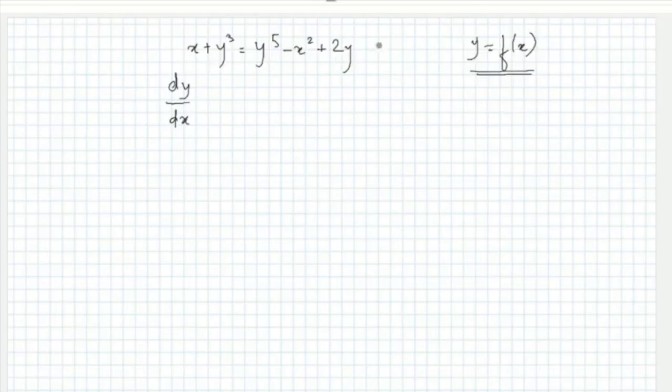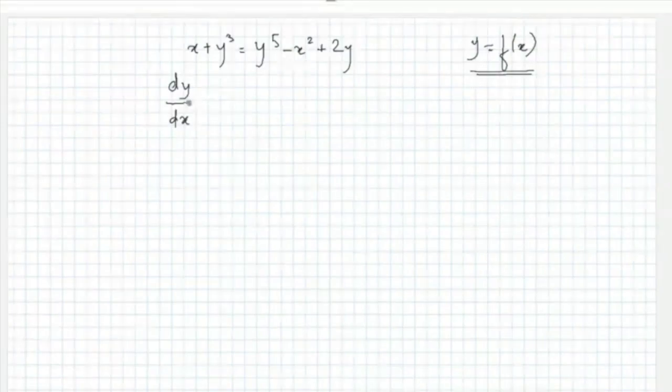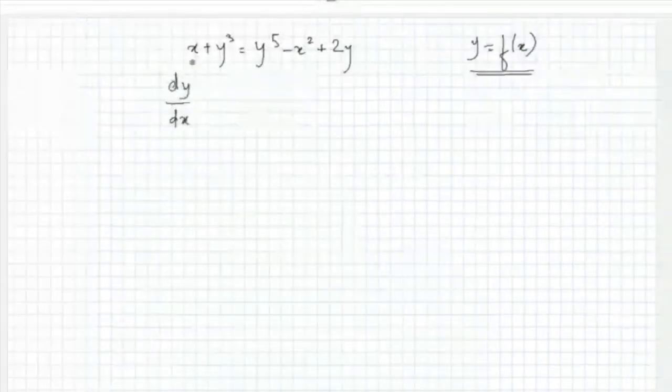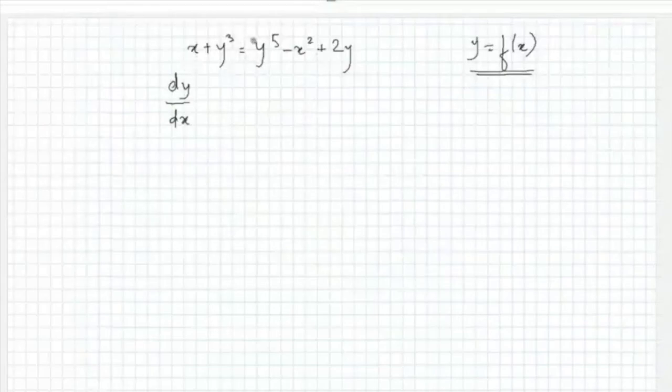So this is an example of an implicit function, and to solve this, we can still find the derivative of y with respect to x by using the same method as we did in the previous case, where we differentiate each side of the equation by considering y as a function of x. So we will assume y to be some function of x.